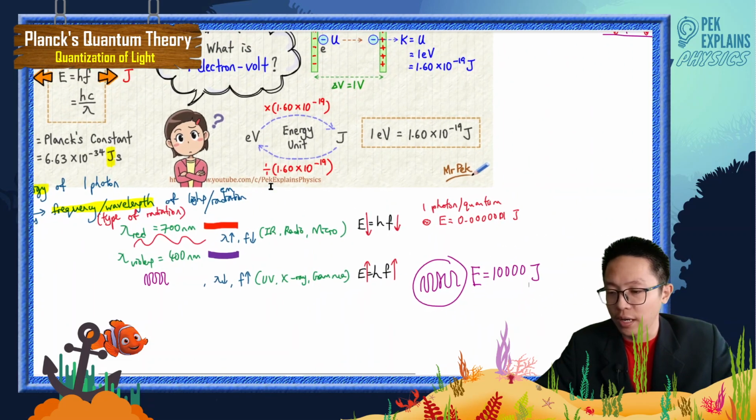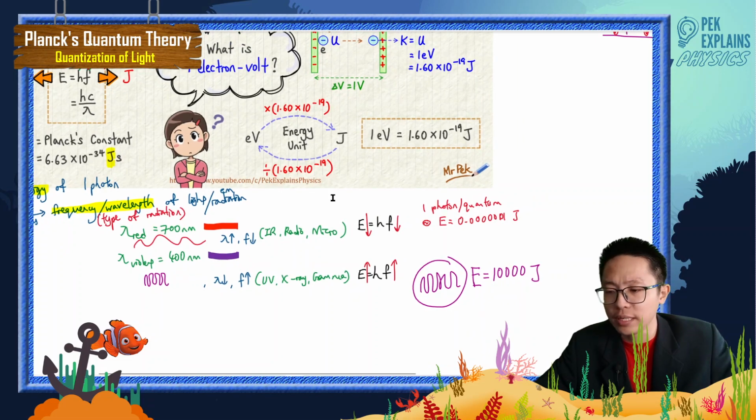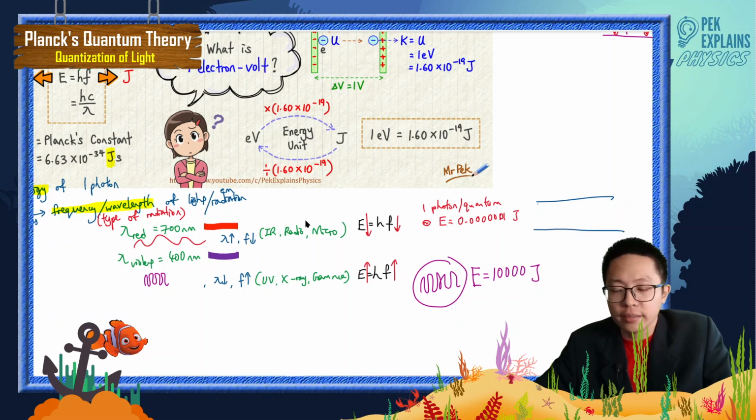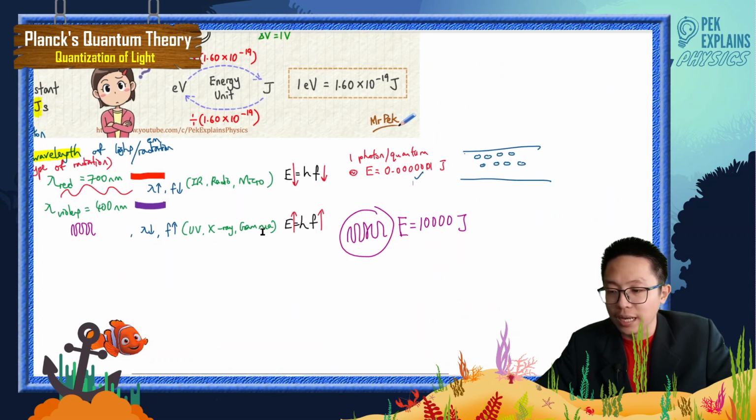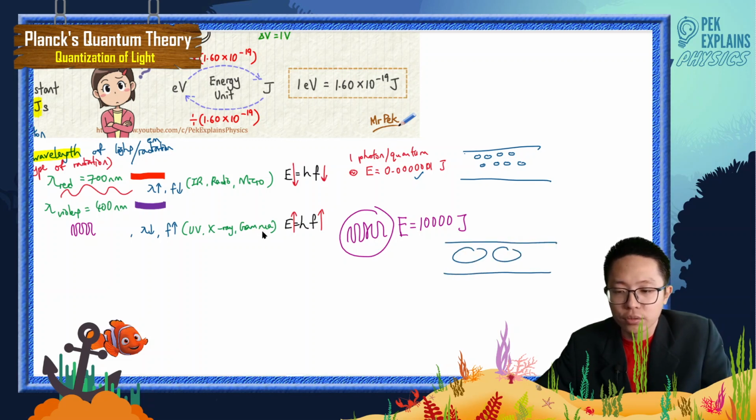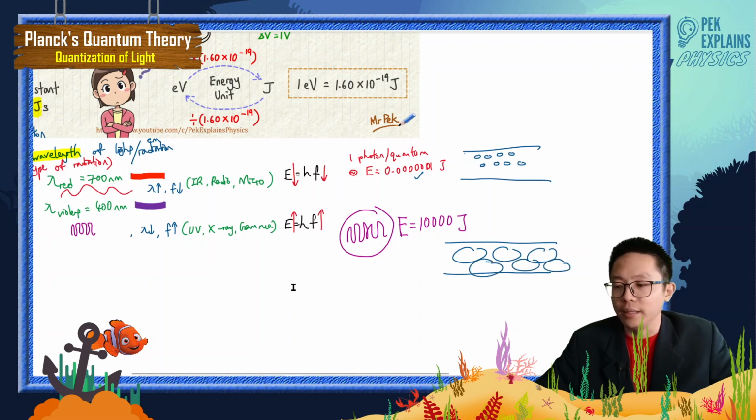We can imagine radio wave photons as very small, each with only a small amount of energy. But for ultraviolet and gamma ray, each photon has so much energy. This is like gamma ray, and this is like radio wave or microwave.